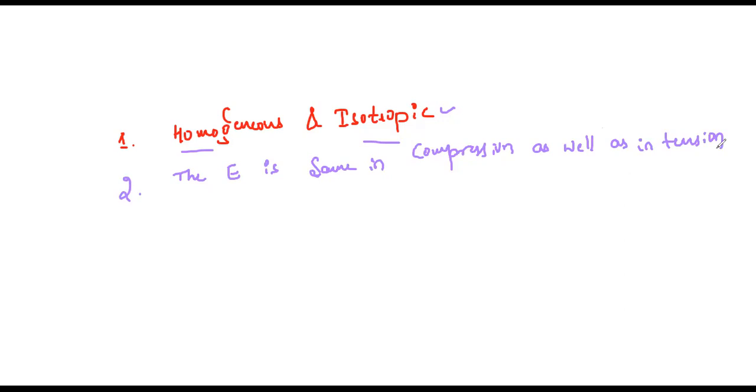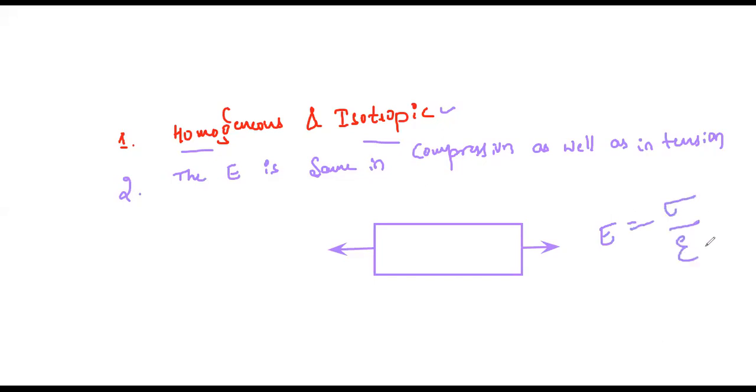In other words, if this is a beam element subjected to a tensile loading like this, and it produces some strain, then Young's modulus will be stress by strain. I hope you know this.